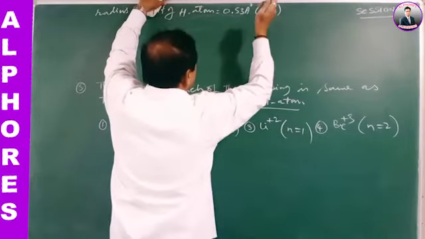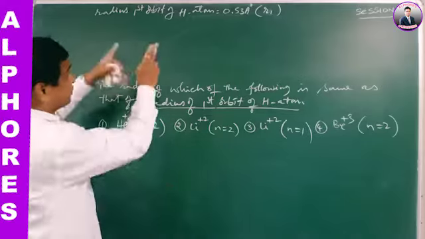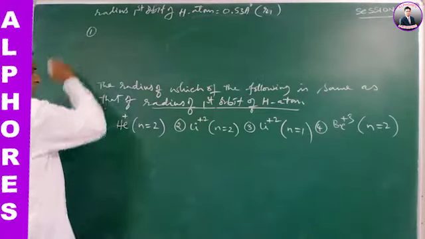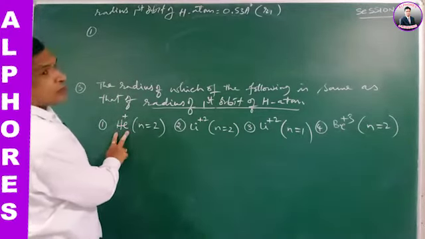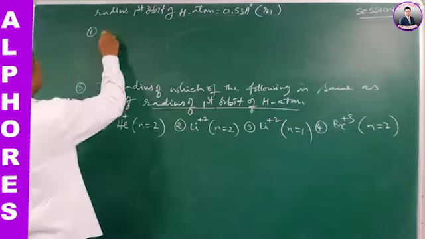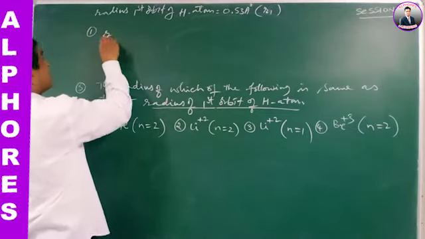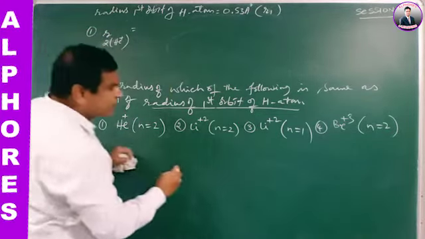Now, which of the following is equal to that? First, let us take the first option. What he said: the radius of the second orbit of the helium ion. So what is the relation we can use?